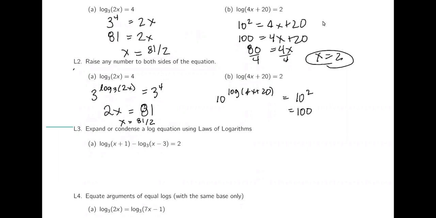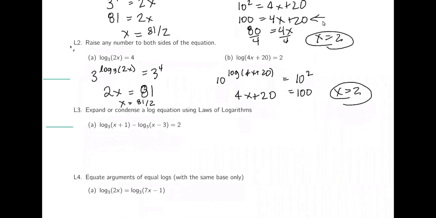And on my left-hand side, 10 to the log base 10 undoes each other. Those are inverse operations. So we'll be left with that 4x plus 20, which gets me that same equation that I had up here. And I'll do the same tricks to solve that linear equation and end up with x equals 20. Oh, x should be 20 in both of those, not 2.